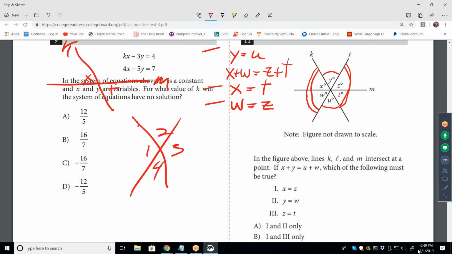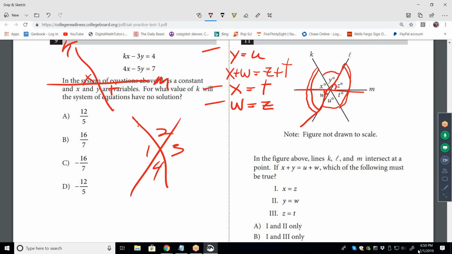Okay, in order to figure out those vertical angles, you have to kind of eliminate one of the other lines from your mind. But you can tell that w equals z because that and that, if I'm looking at just these two lines right here, those are vertical angles, right?